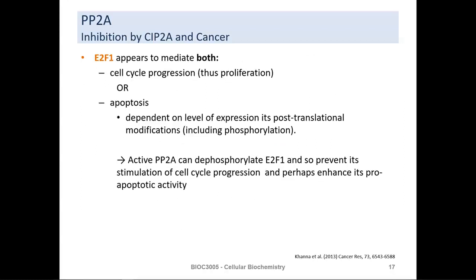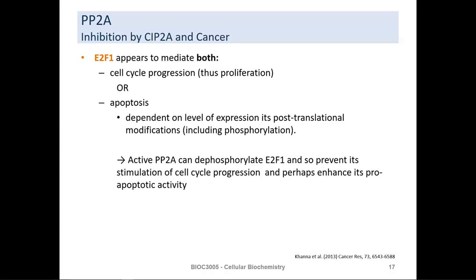The transcription factor E2F1 is a central player involved in cell cycle progression, and this is also involved in PP2A's activity in relation to cancer. E2F1 can mediate both cell cycle progression or proliferation and also apoptosis of the cell, and it is dependent on the level of expression and its post-translational modifications, including phosphorylation.